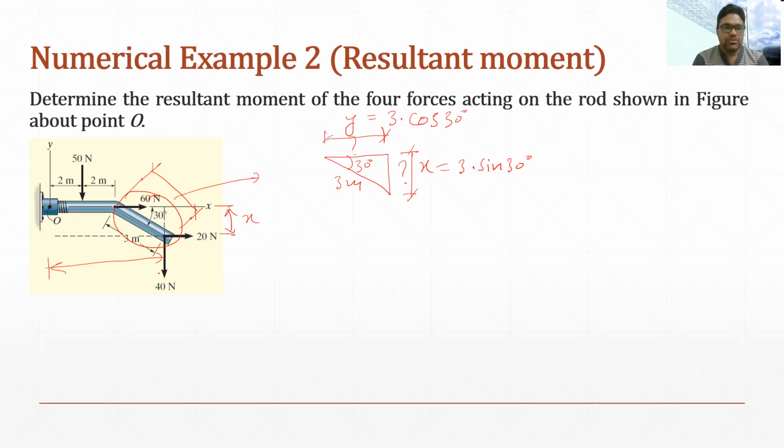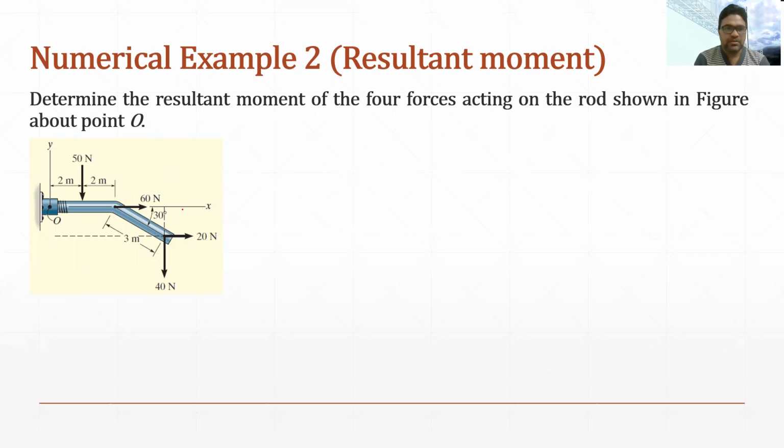Okay. So now I would write here that the distance between the 20 Newton line of action and point O would be 3 sine 30 degree. Similarly, this distance would be 3 cos 30 degree.